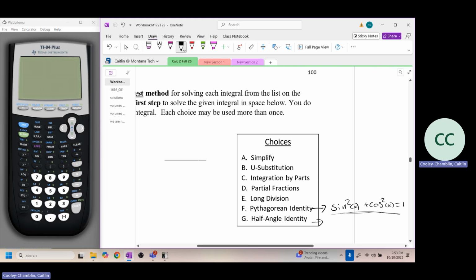And that half angle identity is where sine squared equals, oh gosh, I can't remember if it's plus or minus, 1 plus cosine divided by 2 or 1 minus cosine divided by 2. I can't remember if it's plus or minus, but it's on your test. So that's your half angle identity. And these other ones we kind of use quite often.